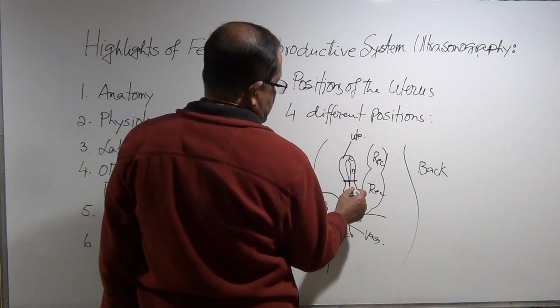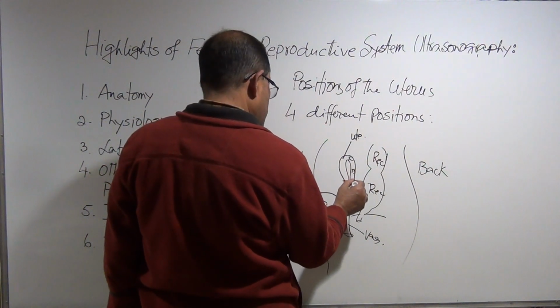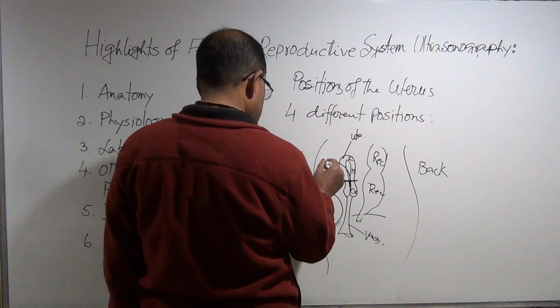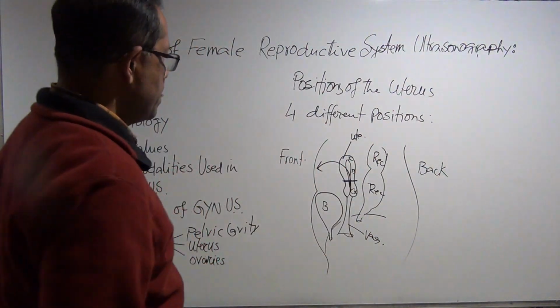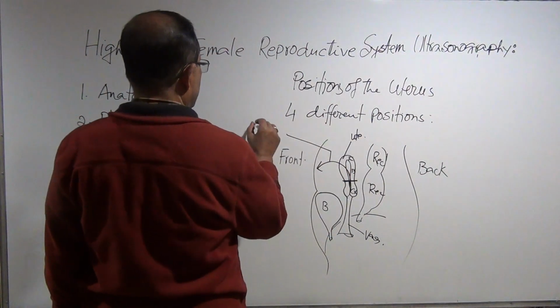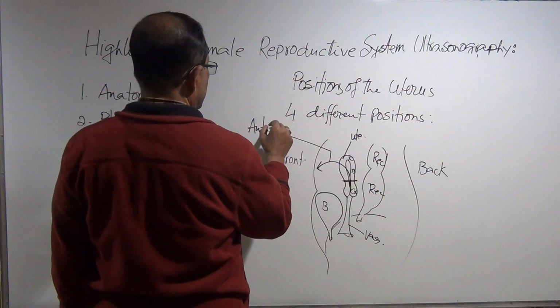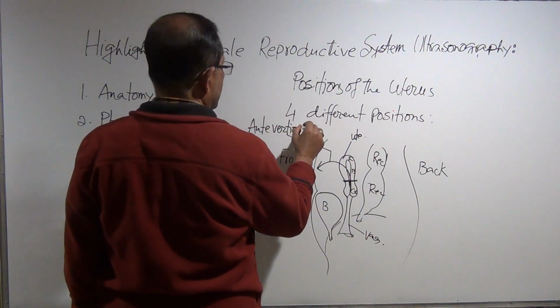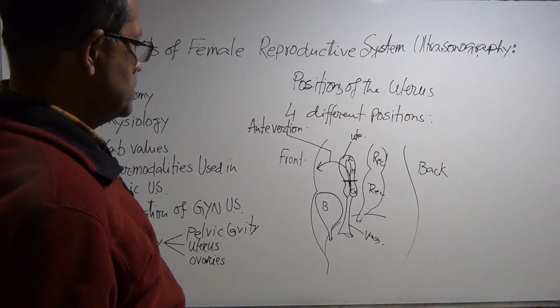If this uterus is folded, I'm drawing a line like this, known as anteversion.